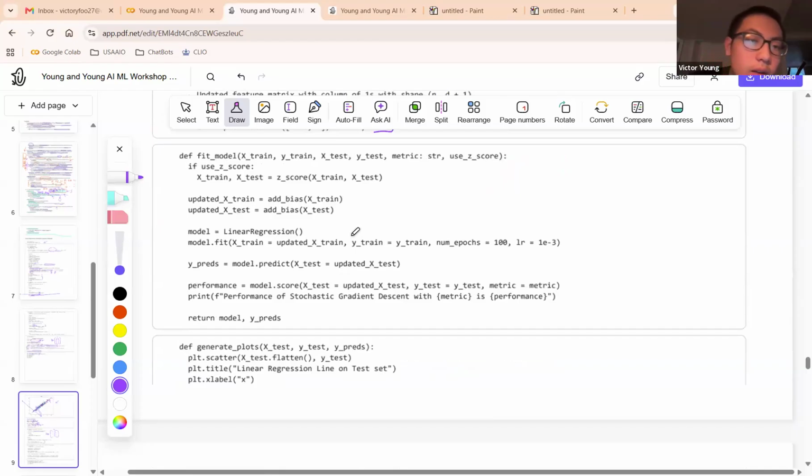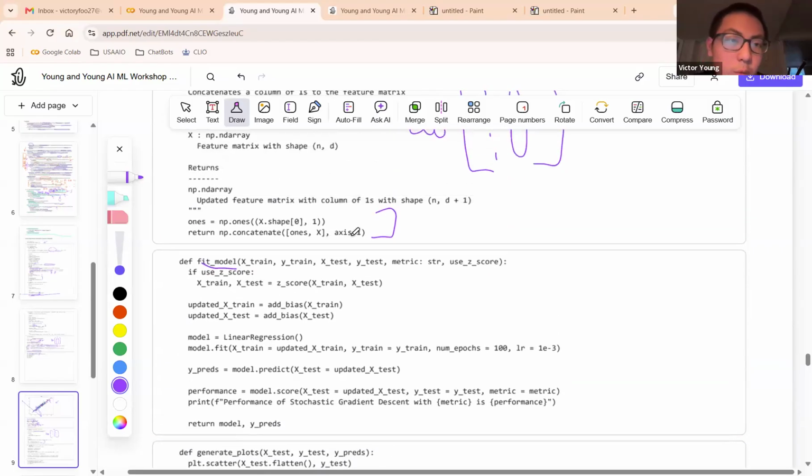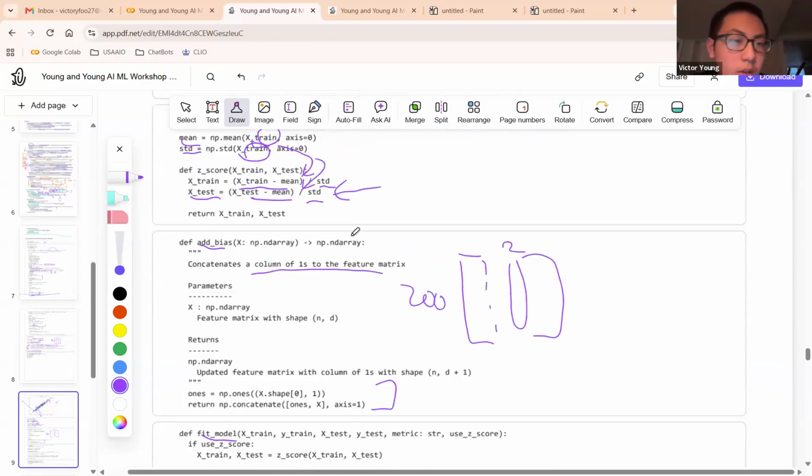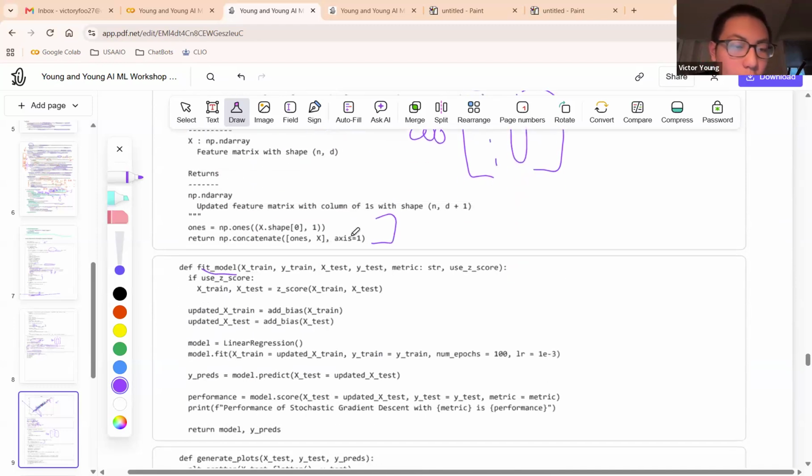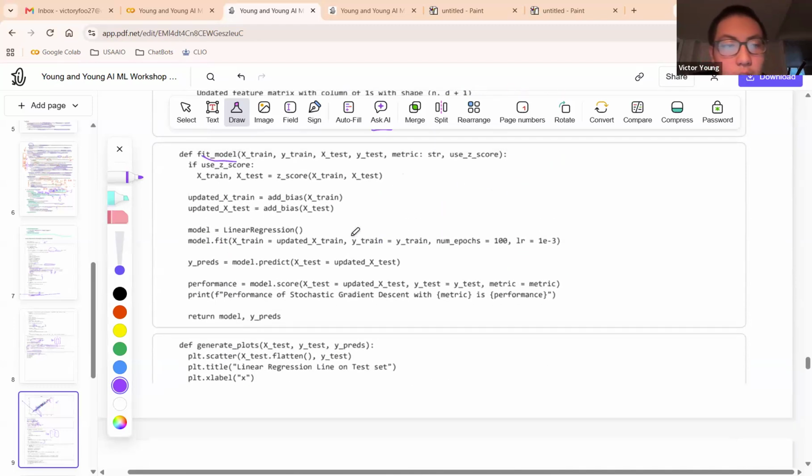All right, finally, we're going to fit the model. So I want to demonstrate to you what happens when we do not do normalization. So I will show that very soon. So here I'm saying if we use z-score, if we do the normalization, then we do it. And then we update the X train and X test.